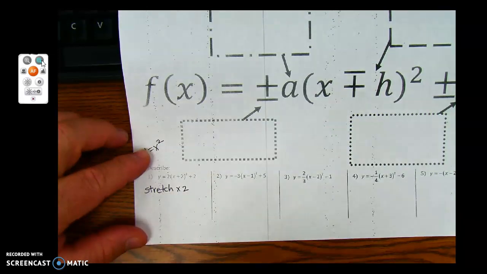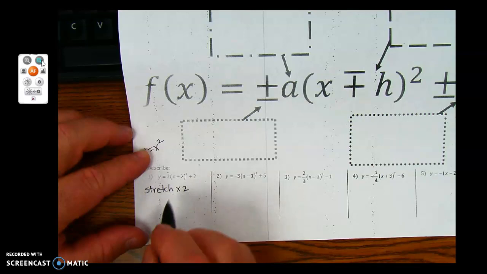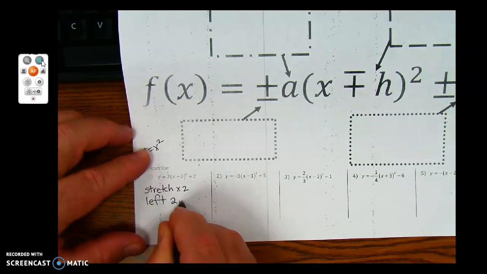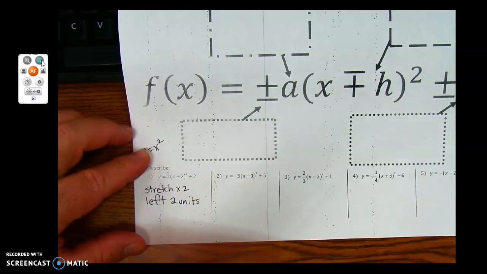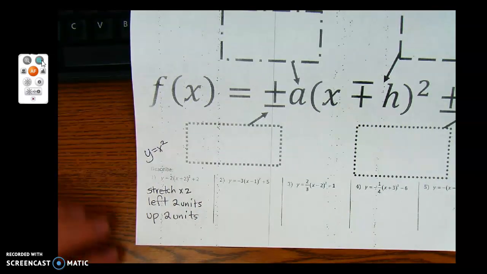It multiplies all your y values times 2, and it makes it taller and skinnier. This 2 in the parentheses here moves it left 2 units. So it shifts every point on the parabola 2 units to the left, and this plus 2 out here shifts every point on the parabola up 2 units. So those are the transformations for problem number 1.